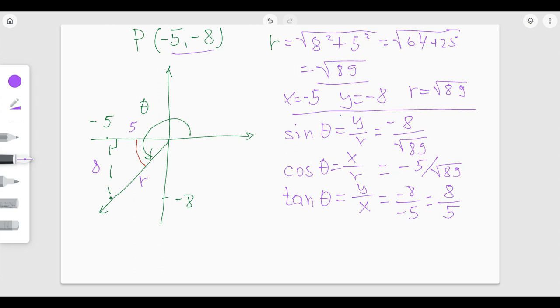In order to find the theta value, you are to get one of the ratios and use the inverse operation. So let's go for tangent. So in order to find theta, we do the arctangent on the calculator of 8 over 5.